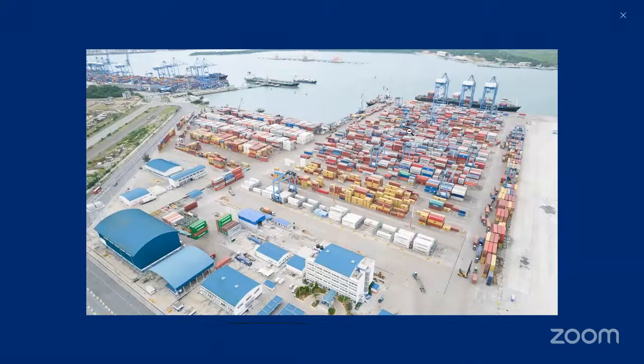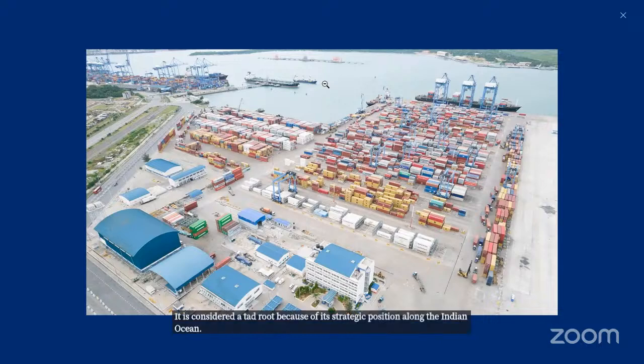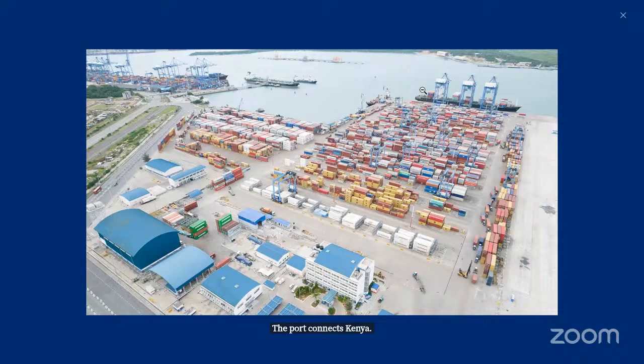Mombasa port is the largest and the busiest in East Africa. It is considered a trade route because of its strategic position along the Indian Ocean. The port connects Kenya and neighboring countries to global markets. Some of the countries include Uganda, Rwanda, and Burundi, which are landlocked.